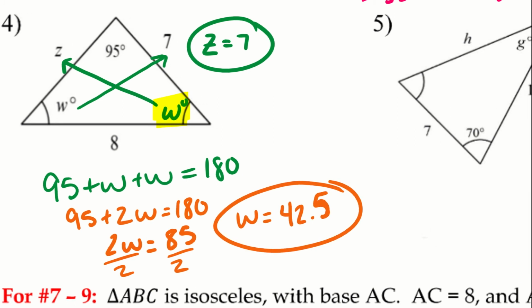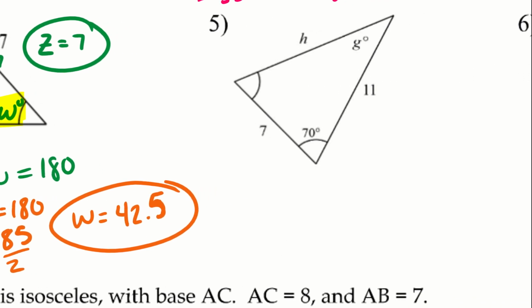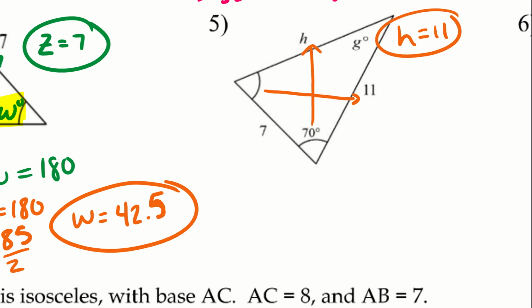Alright, let's go ahead and take a look at number 5. So let's go ahead and start with the side lengths again. So we have two sides going across from our congruent angles, which means the two sides are congruent, which means h equals 11. Alright, and then let's talk about the angles. So our two curved lines mean they're the same. So this side is also 70 degrees.